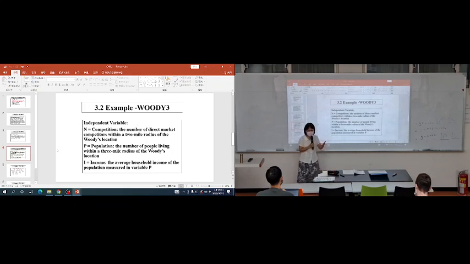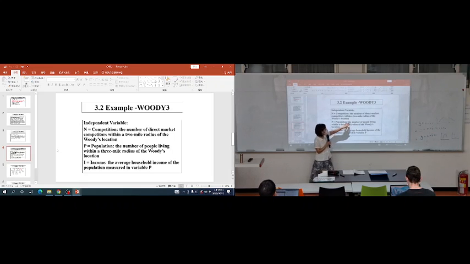The directions. Then the second one is the population. How many people live around the restaurant? So the definition will be the number of people living within a 3-mile radius. Here we really have a clear, very specific distance. This is a 2-mile radius, and for this population it is a 3-mile radius.